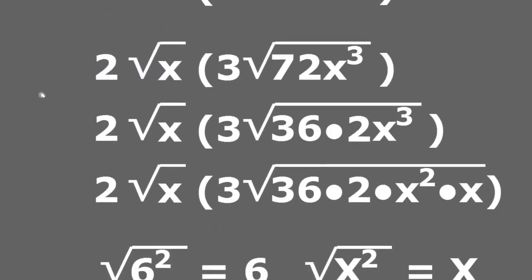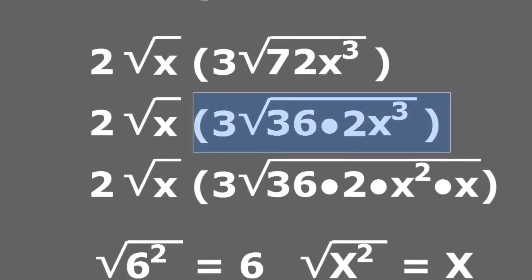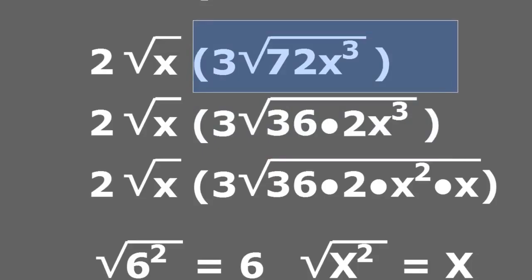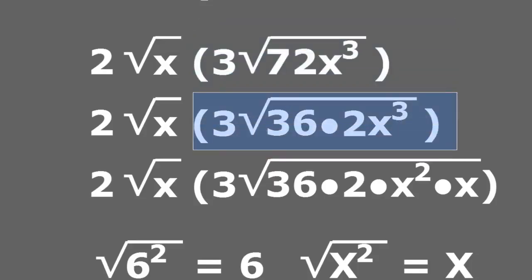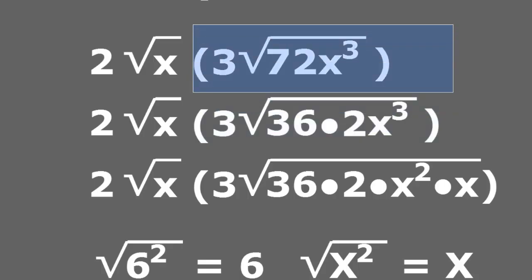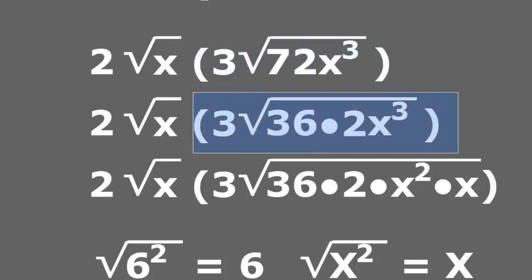Now, if I look inside here, I can rewrite the 72, I can factor it as 36 multiplied by 2. So these two expressions are equivalent. The only difference is that first I had a 72, and now I have a 36 multiplied by 2.